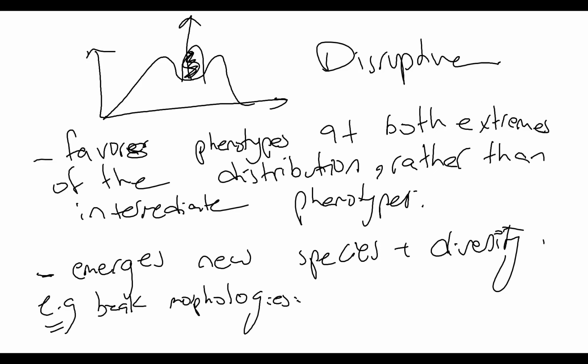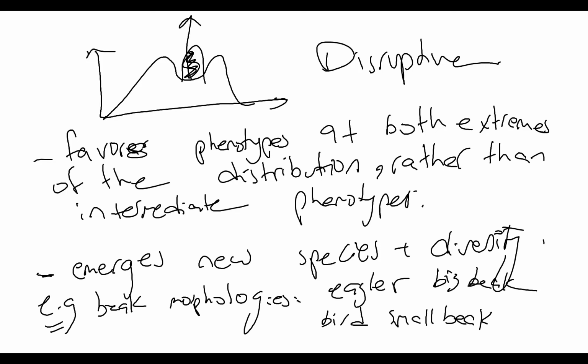So let's say eagles have the big beak, and the normal bird has a small beak. As we spoke about the directional one, we said it depends on the food availability. So the eagles, which have a big beak, have a different feeding. Both of them have different feeding niches.